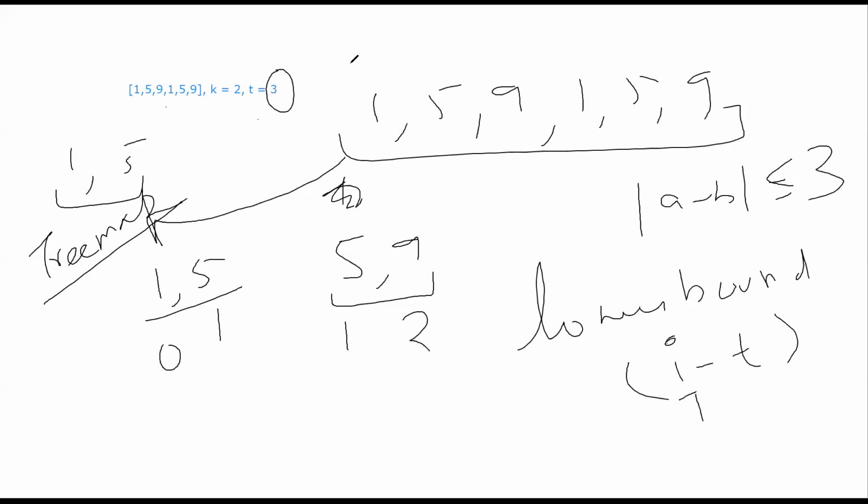This i is the index of the current element or the value? The i is the index of the array, the pointer to iterate the whole array. The j is the pointer to the left of the window, and the i points to the right of the window. That i is the index.